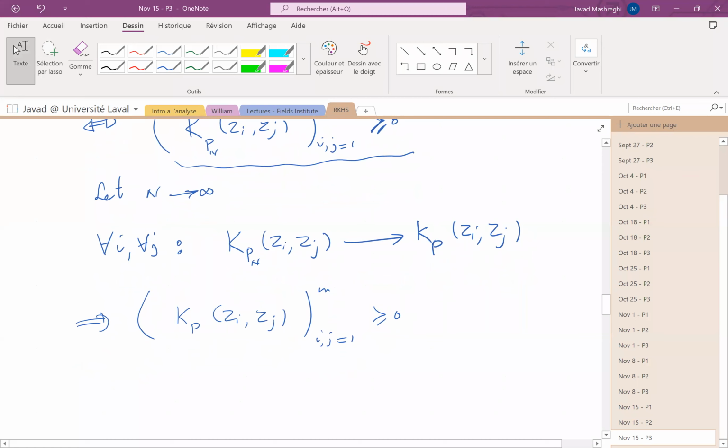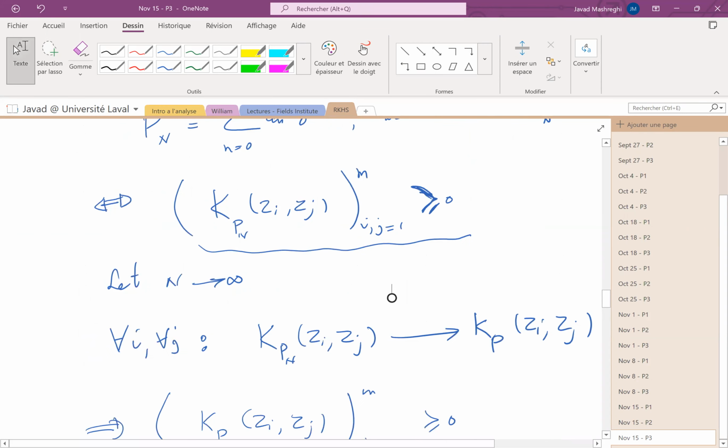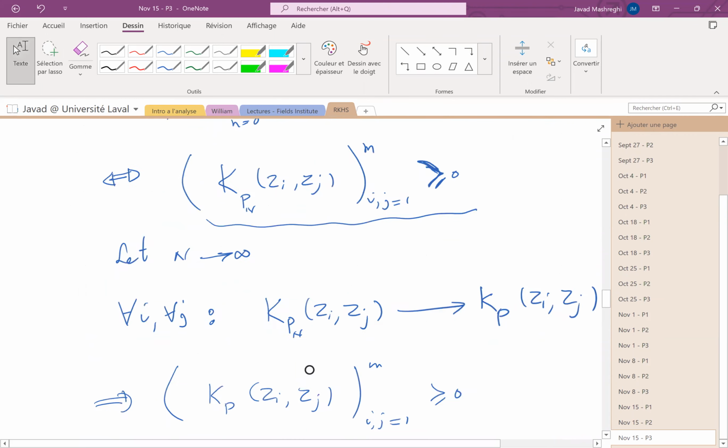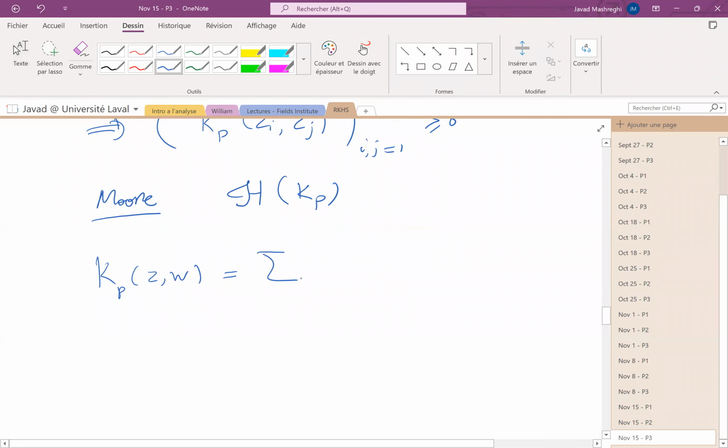So we have a positive kernel, we apply Moore, and as before, we have H of Kp. Previous result: if I write Kp(z, w) as the sum, n from 0 to infinity, fn(z) fn(w) bar, where fn(z) is root an times zn.